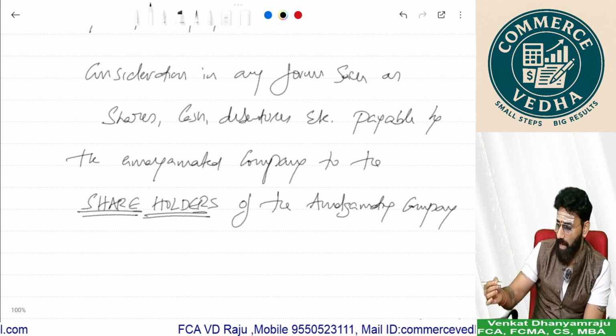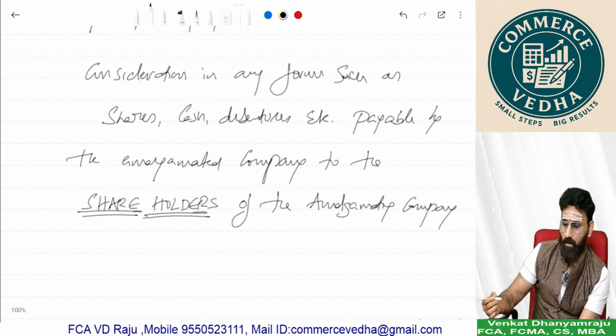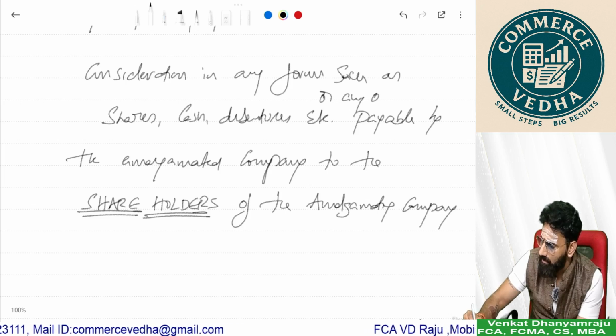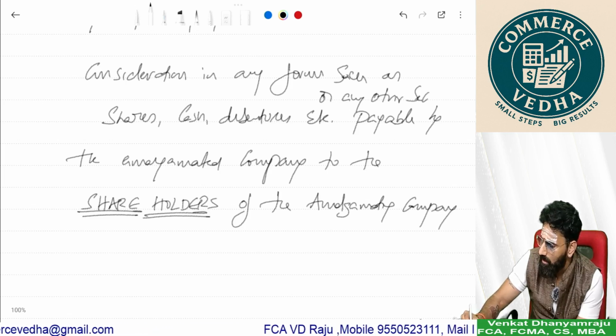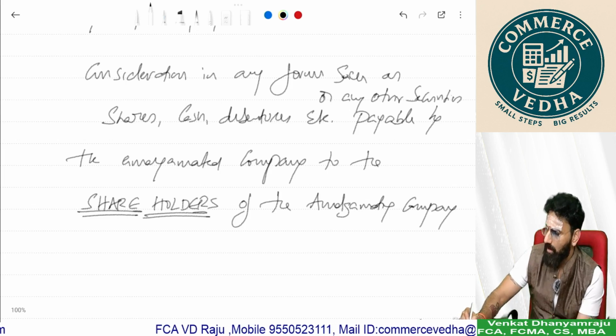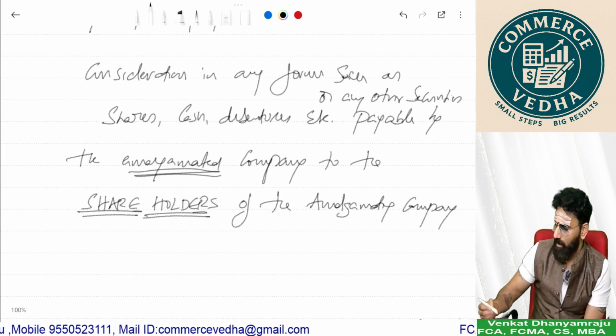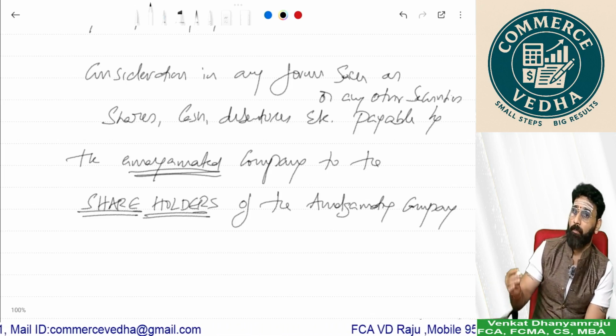Shares, cash, debentures, or any other securities payable by the amalgamated company to the shareholders of amalgamating company.